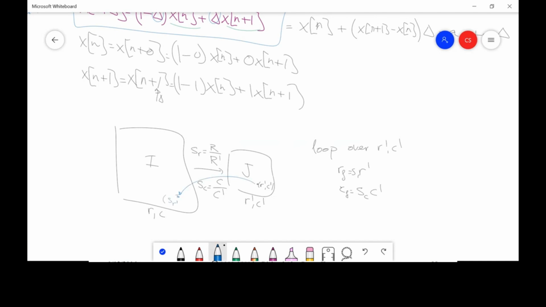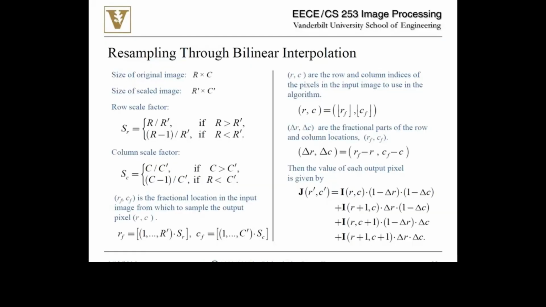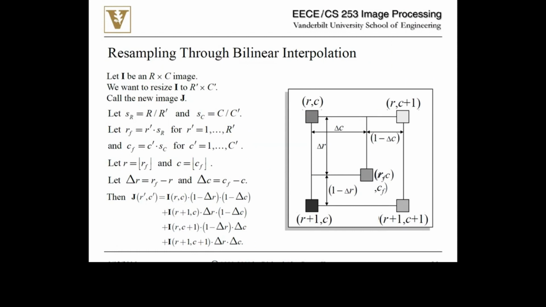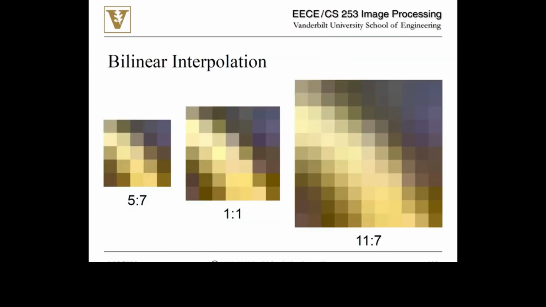We have called that R fractional, C fractional. That will be in the middle of the image, but there we don't have a sample. So I will take the 4 nearest neighbors and evaluate the image at the middle using that formula. And then I will have a smooth interpolation.